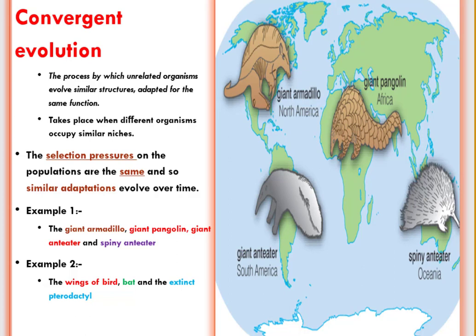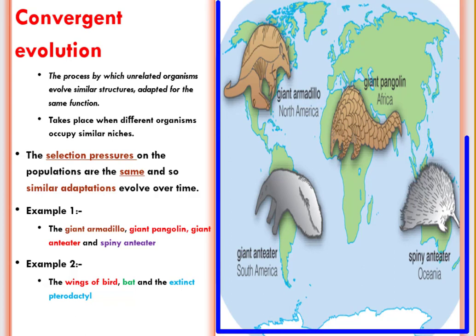The first example for convergent evolution is the giant armadillo, giant pangolin, giant anteater, and spiny anteater. Giant armadillo live in North America, giant pangolin in Africa, giant anteater in South America, and spiny anteater in Oceania. They are not related evolutionarily, but all feed on ants and must obtain the ants from narrow cracks in the ground.